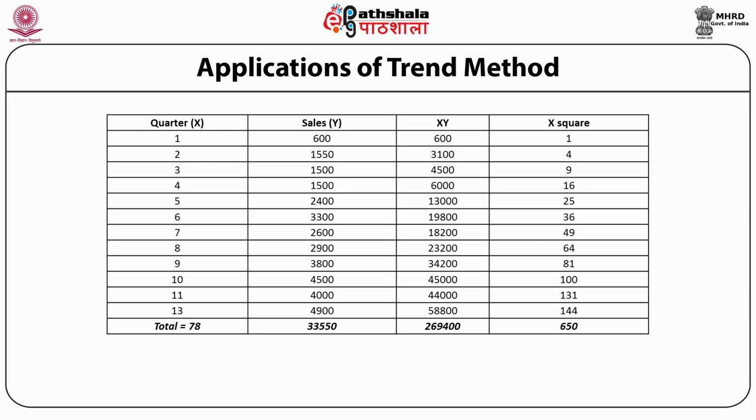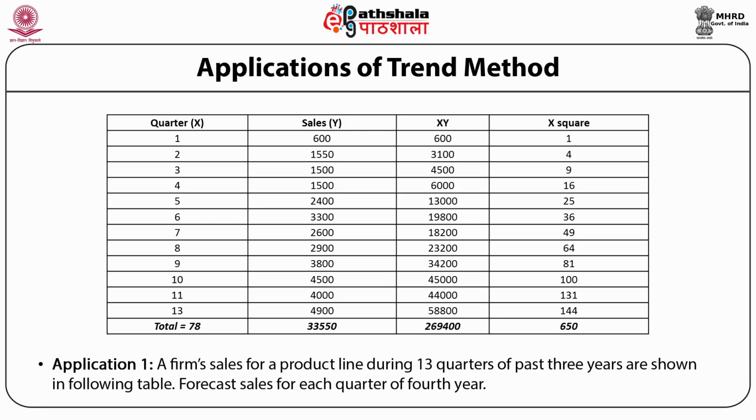The following data, as shown in the table, will be used to illustrate both the applications of the trend method. The data indicates a firm's sales for a product line during 13 quarters of the past 3 years. We need to forecast sales for each quarter of the 4th year. For instance, the table indicates that quarter 1 sales is 600 units, quarter 2 sales is 1550 units, and so on.